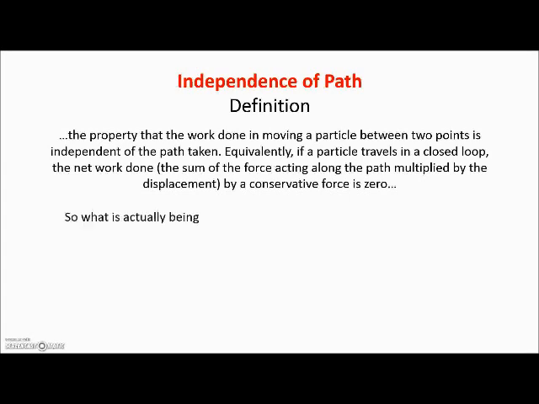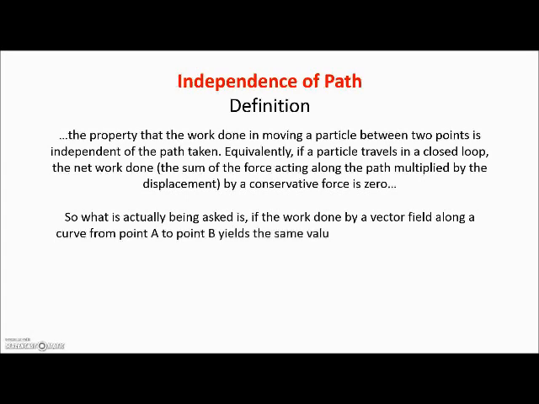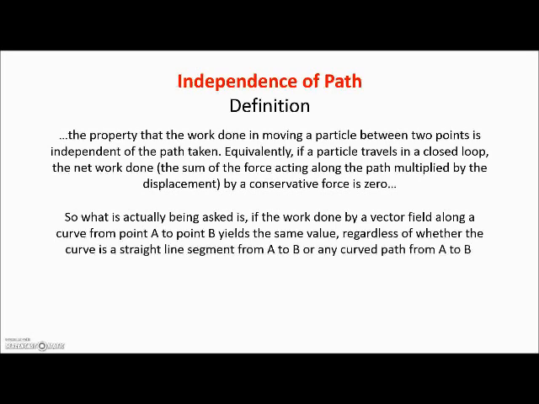So what is actually being asked here is, if the work done by a vector field along a curve from point A to point B yields the same value regardless of whether the curve is a straight line segment from A to B or any curved path from A to B, why is it that the field is always a gradient, aka conservative field?